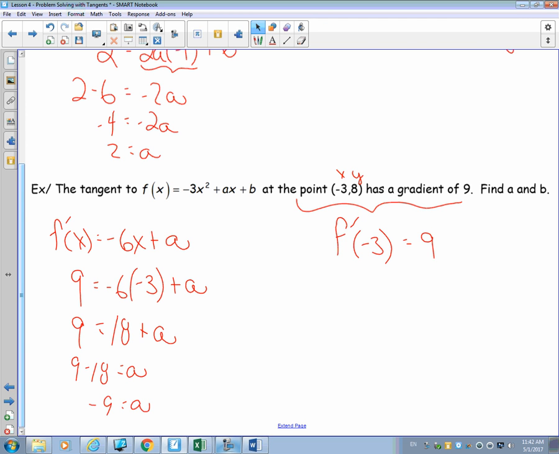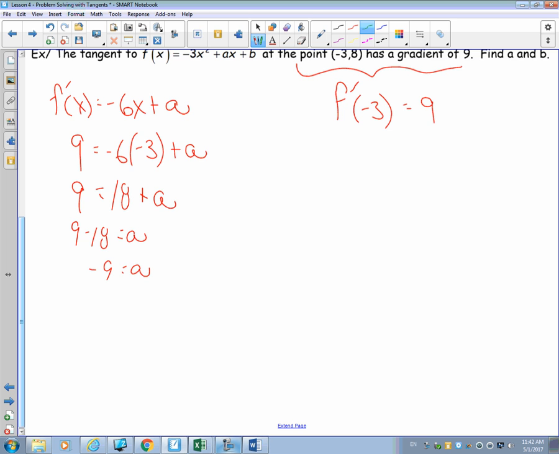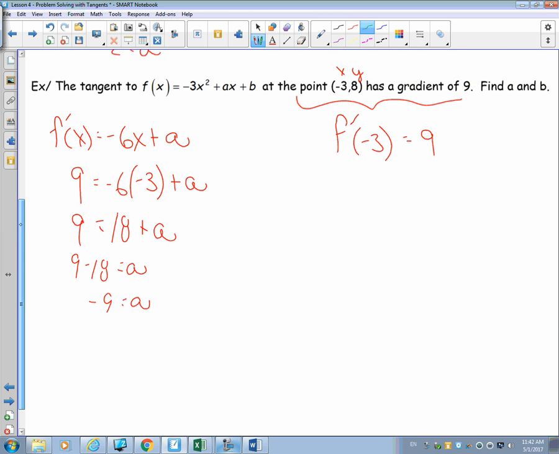So now I have an equation, but I know some more stuff about this equation. f(x) is -3x squared minus 9x plus b. I filled in the a value, right? We knew what it was. Well, I can solve for b by using a point, an x and a y, which I have.